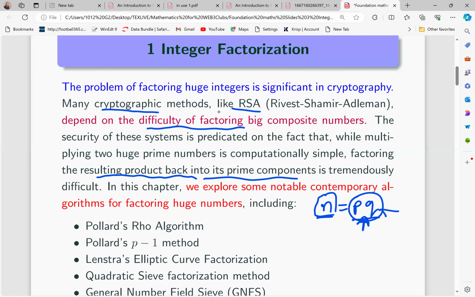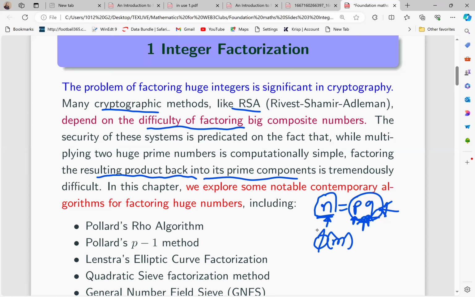But there are algorithms that can break this n and give you these two numbers. Once you have these two, you can get phi of n.